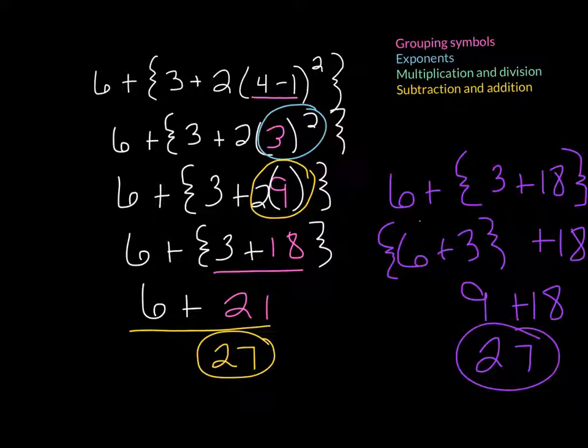So once you get down to all addition, now the order is no longer important. You can switch it up if you need to. Or if by chance you get down to all multiplication, you have the associative property of multiplication, well, you could also do that.